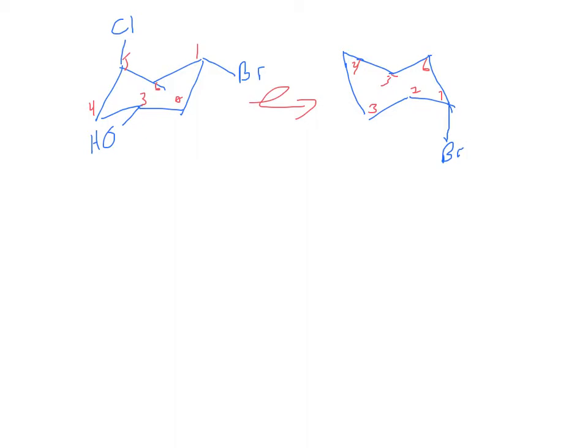Carbon 3, the OH is also pointing which direction? Down. The OH was equatorial before, now it's going to be axial. Let's see, chlorine was on carbon 5. Was the chlorine up or down? Up, and what position was it? Axial, so now it's going to be up and equatorial. Good.